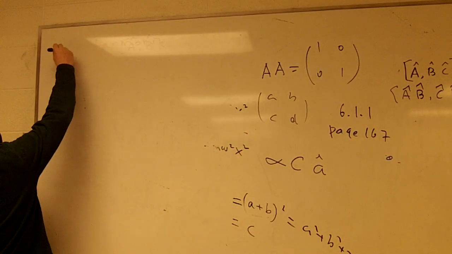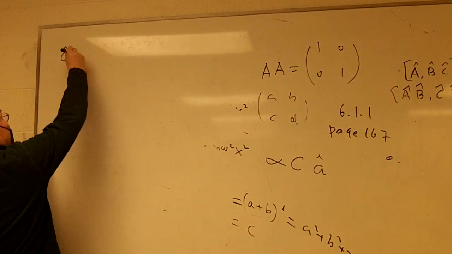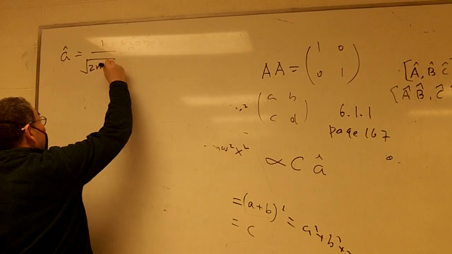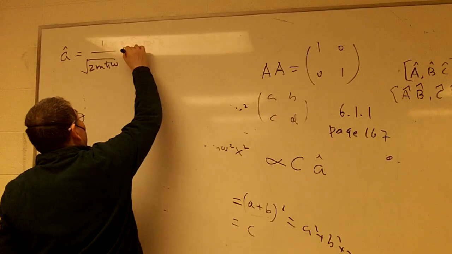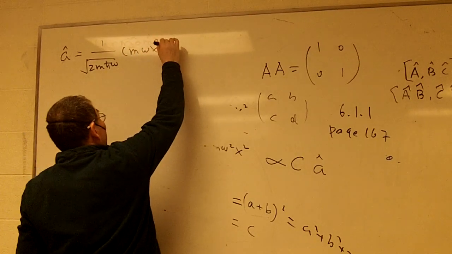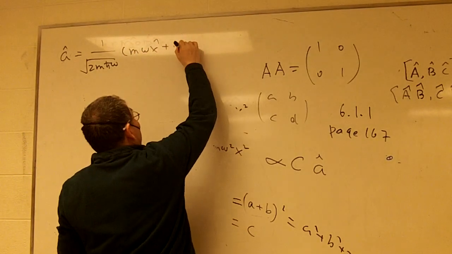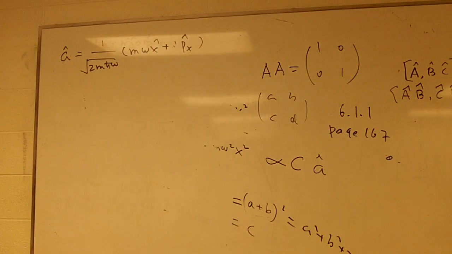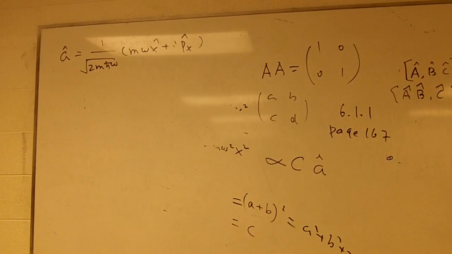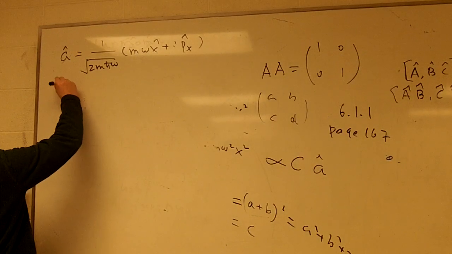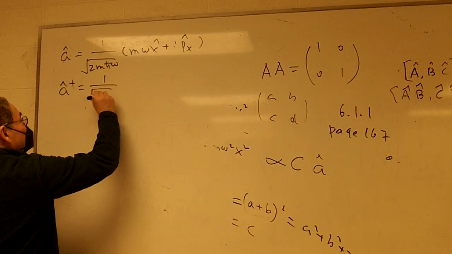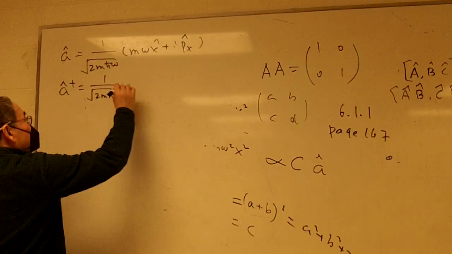So this is a hat equals 1 over square root of 2m h bar omega, times m omega x hat plus i p_x hat. These two operators we call ladder operators. For the dagger part, it is rather straightforward.